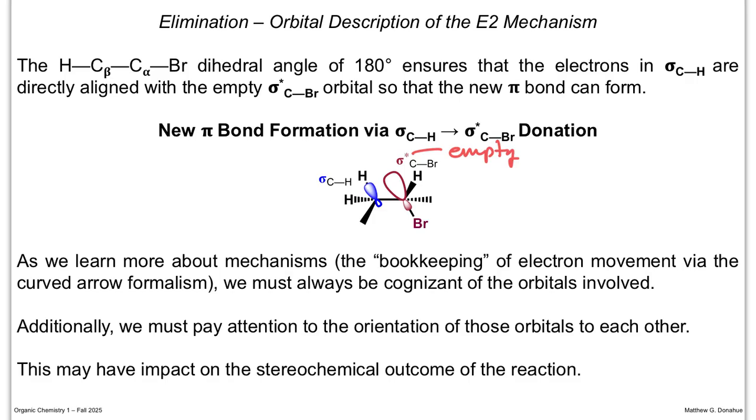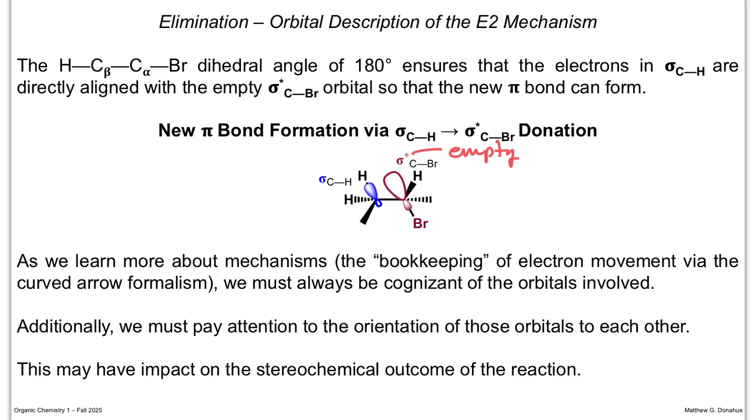So that, again, that alignment is due to the fact that the sigma star is empty, and so the electrons have to go somewhere. The beta hydrogen that is aligned with it through that 180-degree dihedral will allow that to happen. So in the example that we used with this 2-bromobutane, you have that methylene group, which has two hydrogens, but depending on which one you deprotonate, you end up with the trans or the cis.